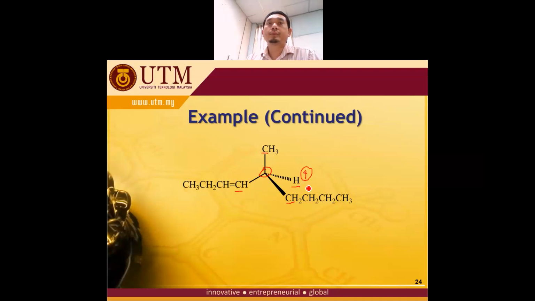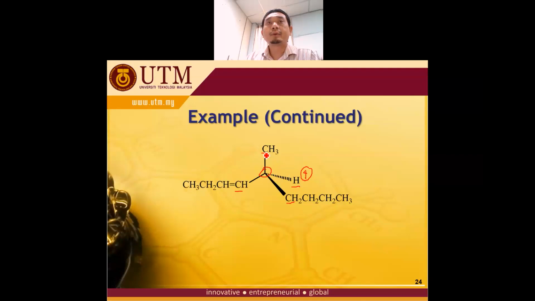But we have a problem here because these 3 have the same atomic number, right? It's a draw. We cannot assign 1, 2, 3 based on this first rule. So how to solve it? When it's a draw, we look at the atoms attached to these 3 carbons.